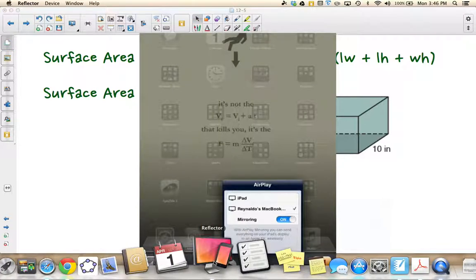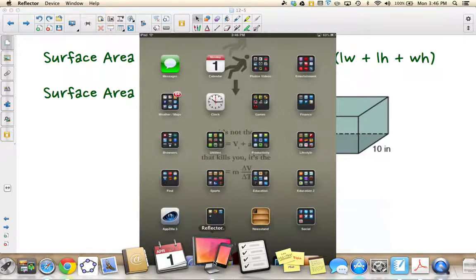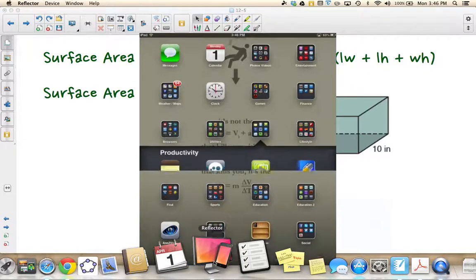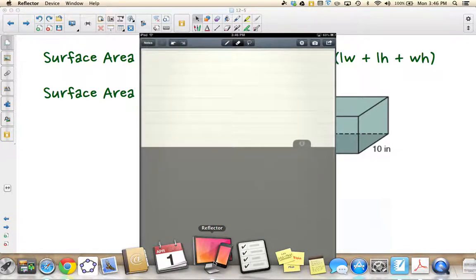So the surface area formula is equal to 2 times length times width plus length times height plus width times height.